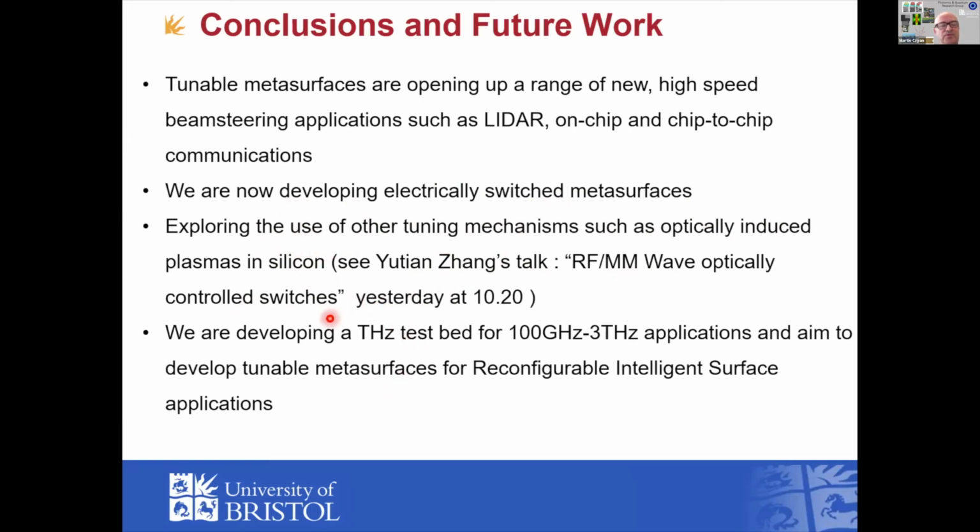The other thing we're exploring is the use of these ideas in the terahertz range. We're developing a new test bed from 100 gigahertz to 3 terahertz, such that we can do these measurements in-house. And we think some of these ideas can get used in reconfigurable intelligent surfaces, where you have to steer things at very high speed.